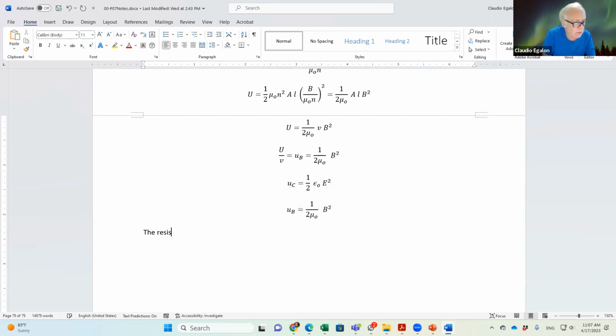The resistor does not store energy whatsoever. It just spends energy. P is equal to what? Ri squared. Remember that? Vi or Ri squared.